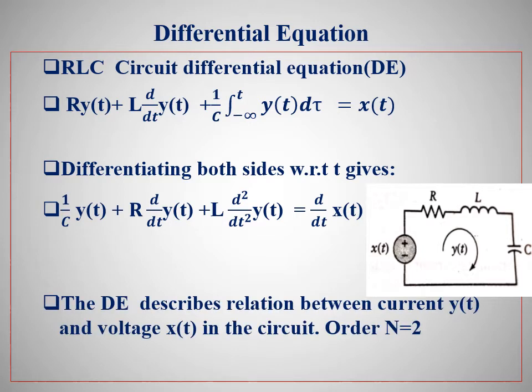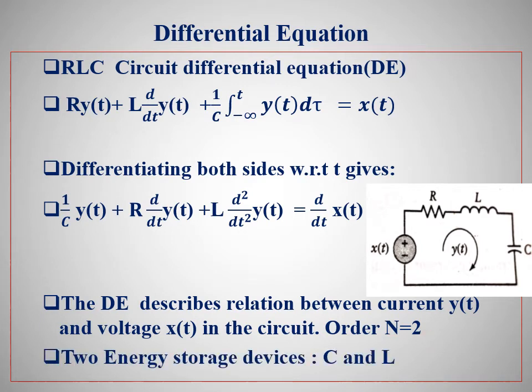The differential equation thus describes the relation between the current y(t) and the voltage x(t) in the circuit. The order of the equation is equal to 2, which represents the two energy elements present in the circuit. Thus, the order of the system is 2.